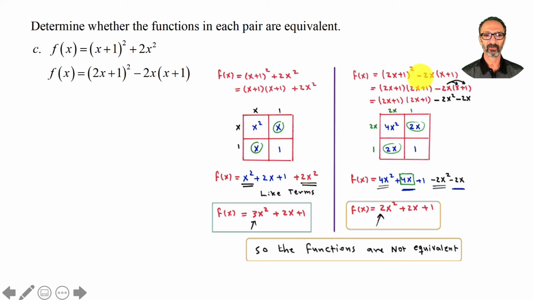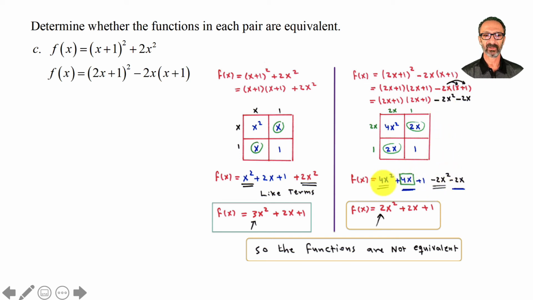Distributive right here, don't forget the minus sign. Minus 2x times x is minus 2x squared, minus 2x times 1 is minus 2x. Bring this down and combine like terms. 4x squared, 4x and 1. Bring this down right here.